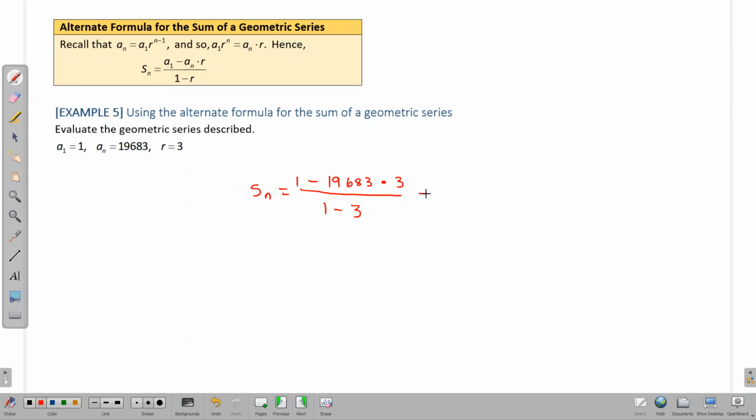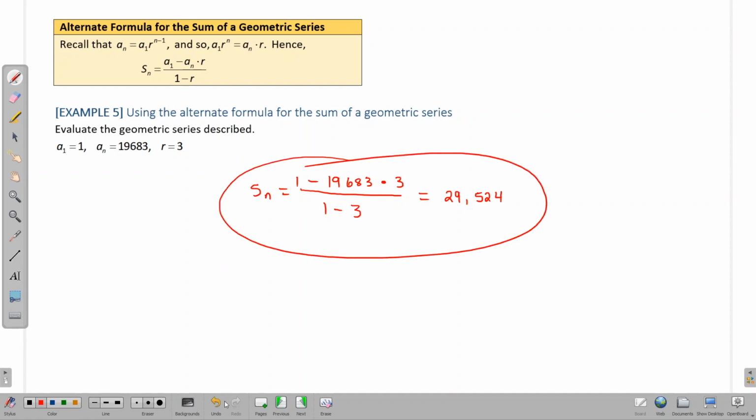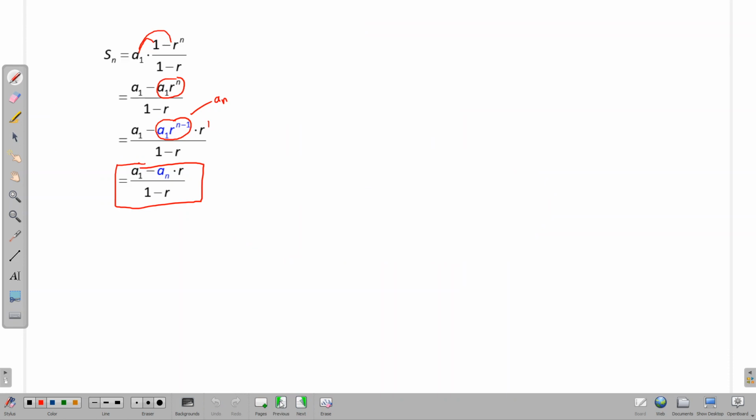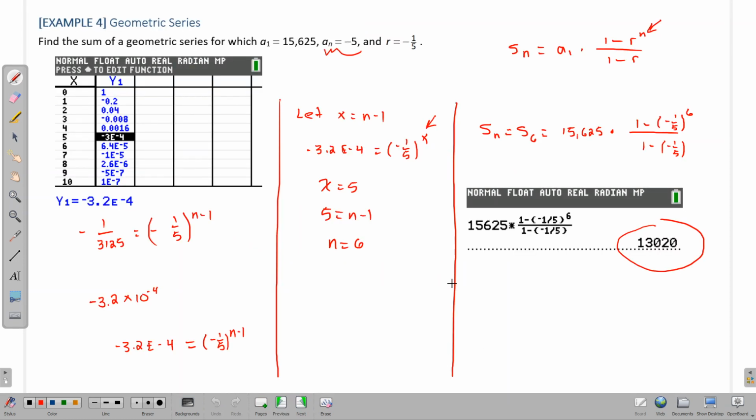And then we just have to enter that in the calculator. So according to my notes here, it should be 29,524. Much, much easier. Let's go back and see how it would have looked in the previous problem. Let's clean some of this up here.